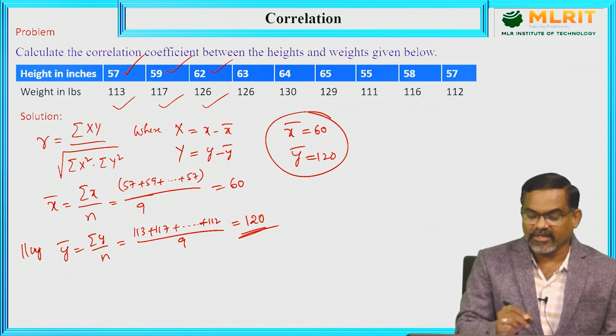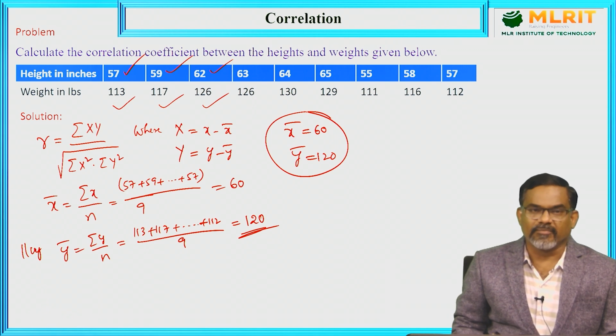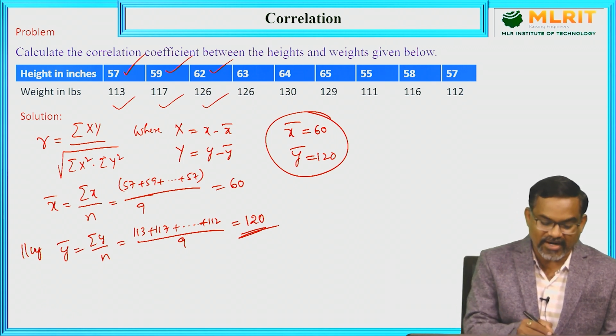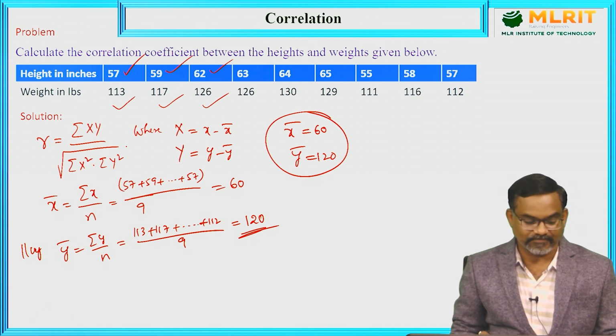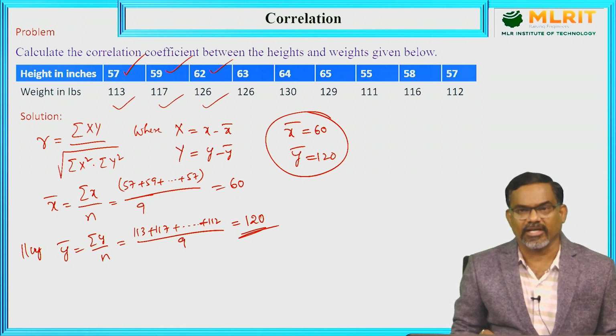Now we can construct a table using which we can find sigma capital X square, sigma y square, sigma xy and so on. Let us construct the table first.